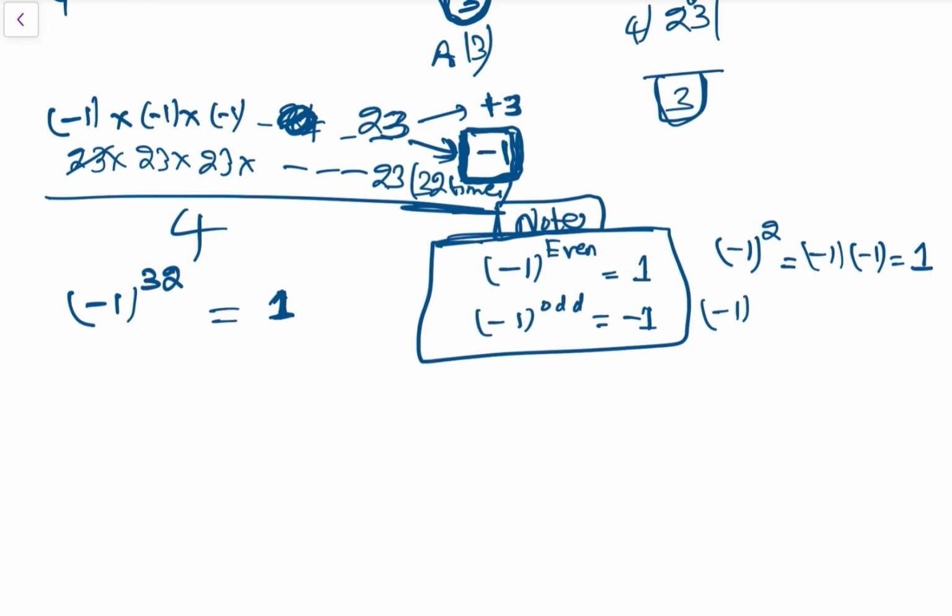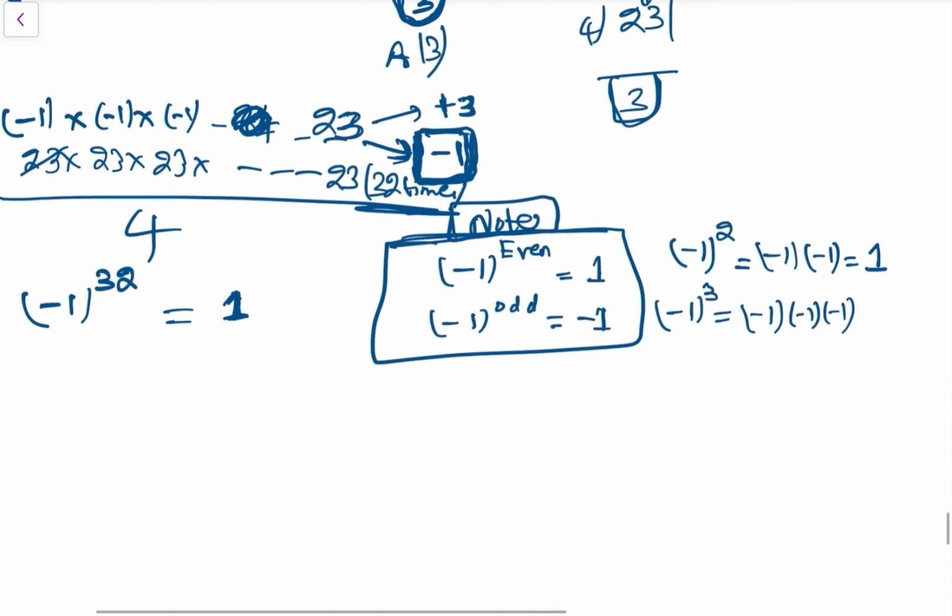Similarly -1 to the power 3, that is odd, so -1 into -1 into -1: ये माइनस माइनस कैंसिल हो गया, प्लस हो गया, बट ये माइनस बचा, so that is -1, ठीक है.